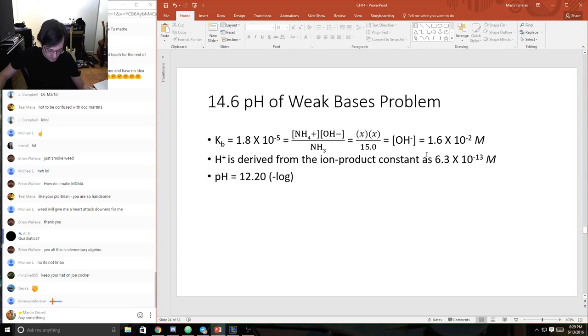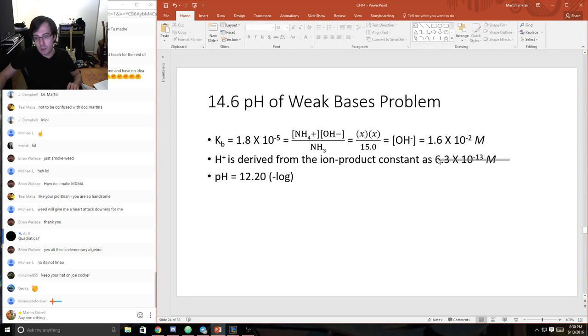So I think that 2.0 times 10 to the negative 13th and getting this number, 6.3 times 10 to the negative 13th, was interesting. It's an interesting method at the very least. So getting that Kw and then using it to calculate the rest was how we got here. Okay.